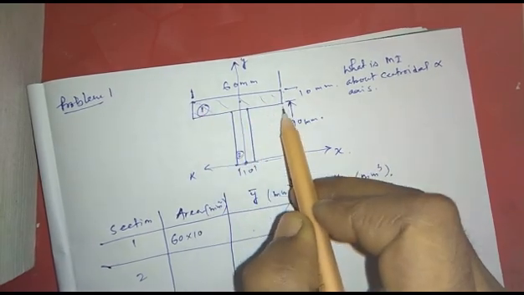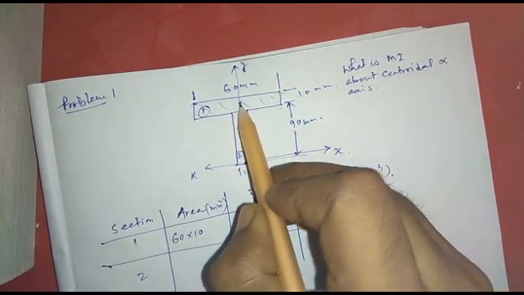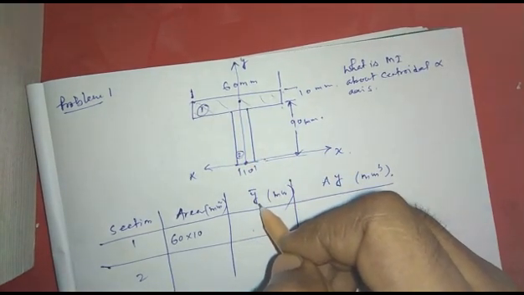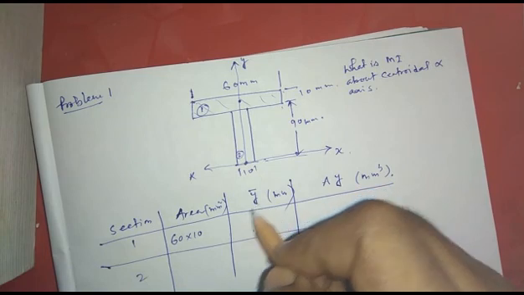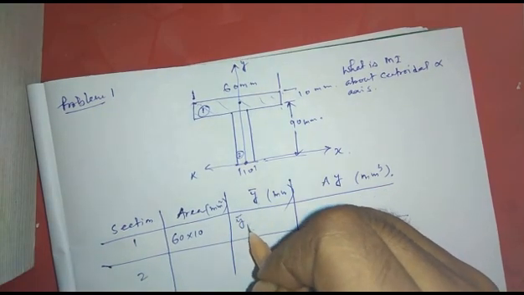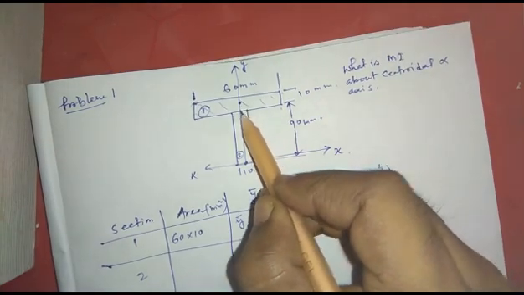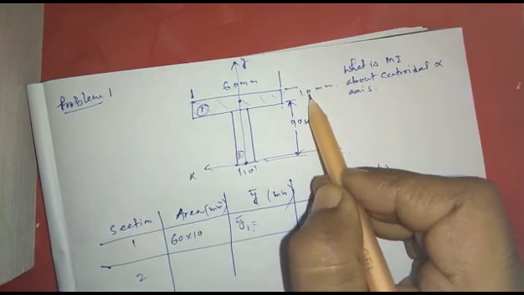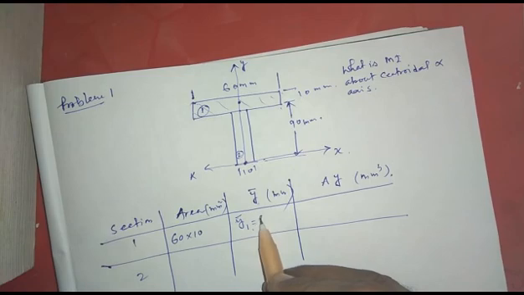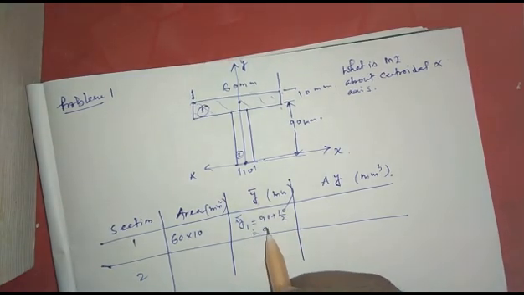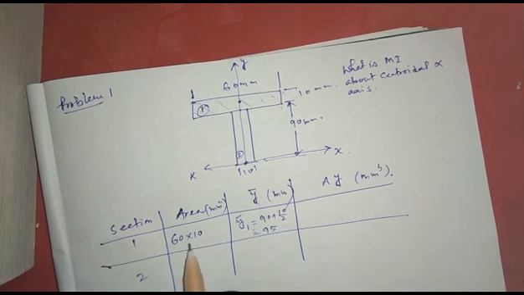The distance from this axis is this y bar, so we are terming it as y bar 1. This distance is 90 and half of 10, so 90 plus 10 by 2, that is 95. And this was 600.